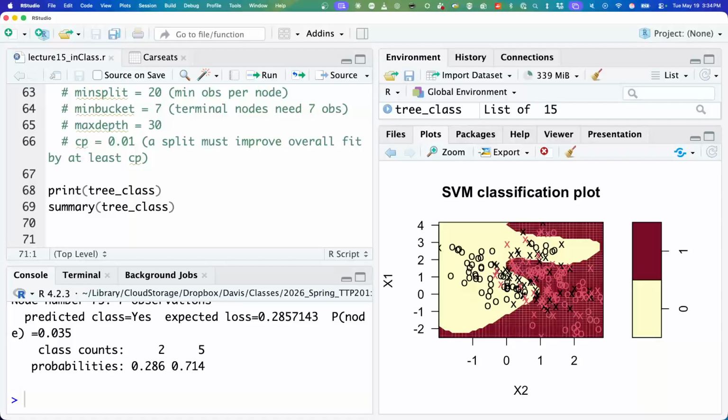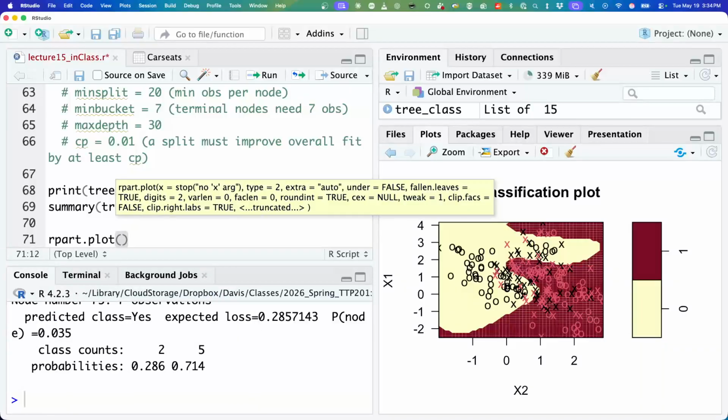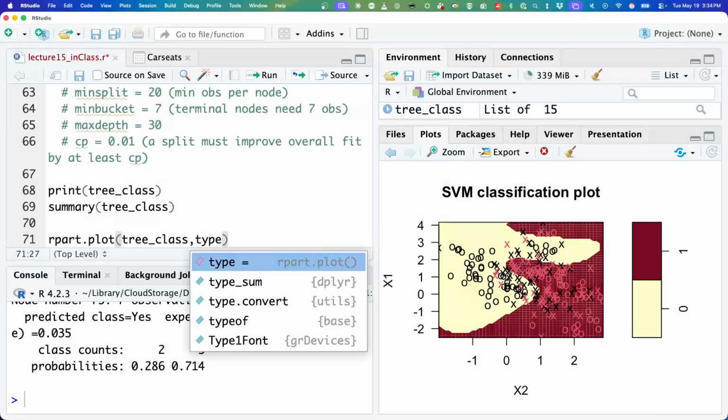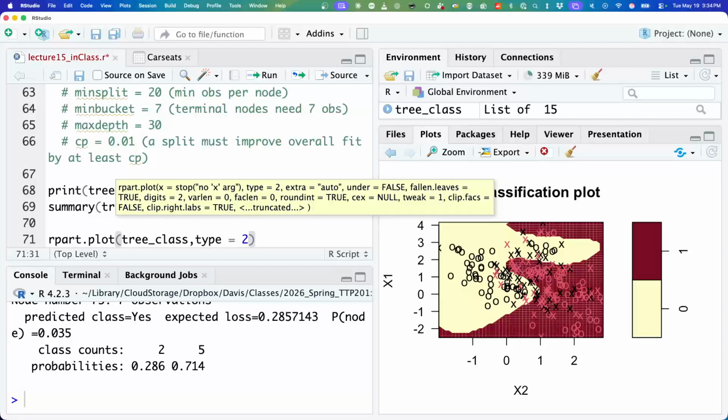Let's look at a visualization using rPart.plot. Okay, so we put in our tree class. Some of these settings that I'm putting in are visualization settings.